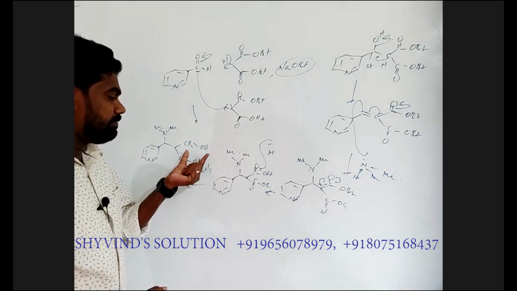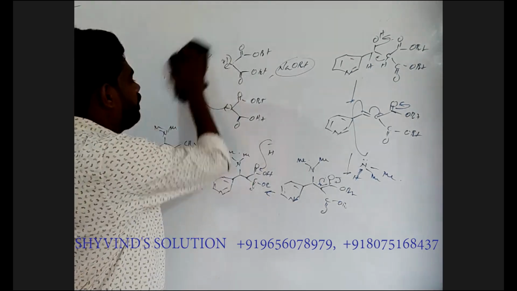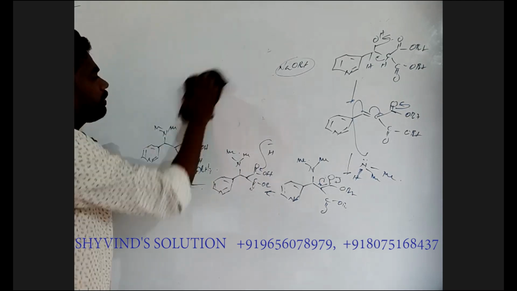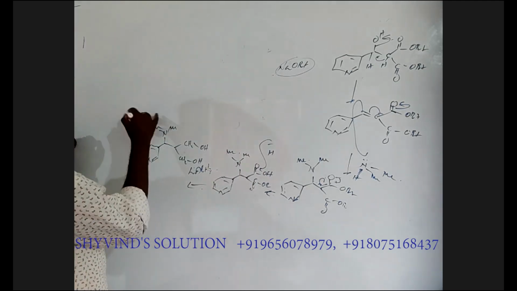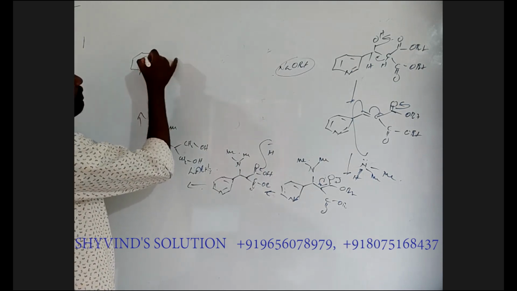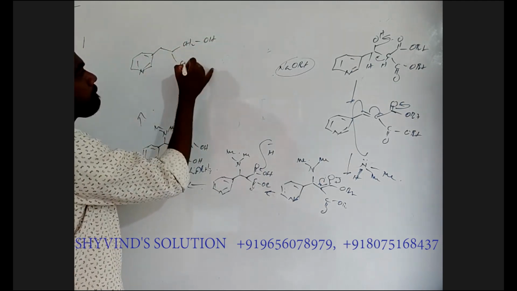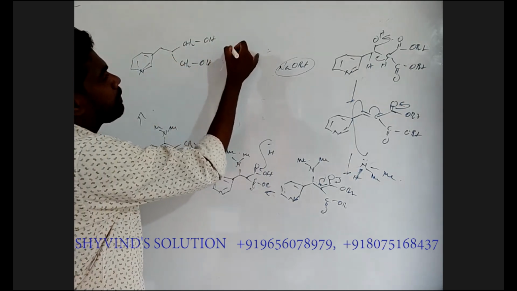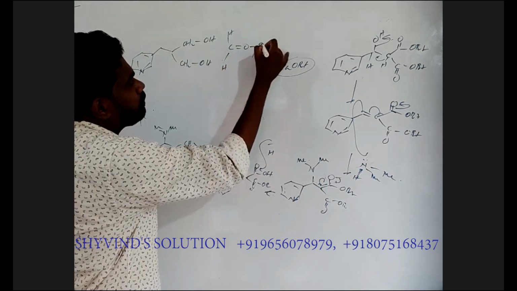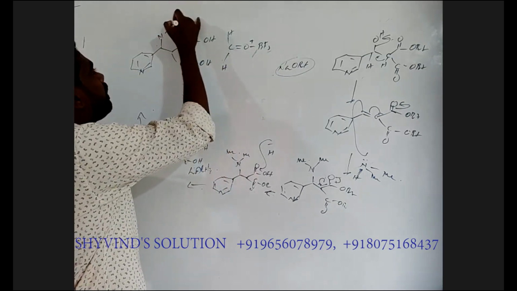Now we are treating this one with HCHO. Okay, so definitely we know the product. If we treat this one with HCHO and BF3 is given, first BF3 will form a molecule like this. We have NMe.